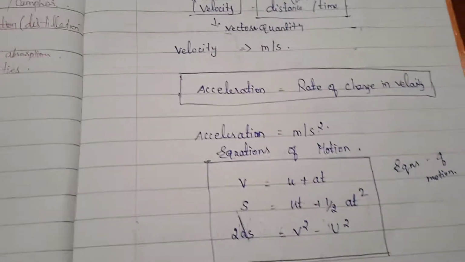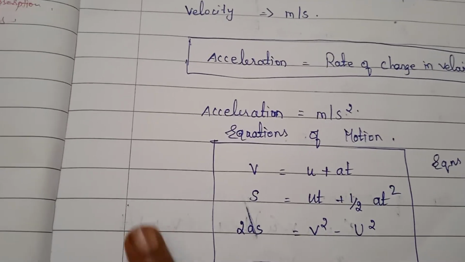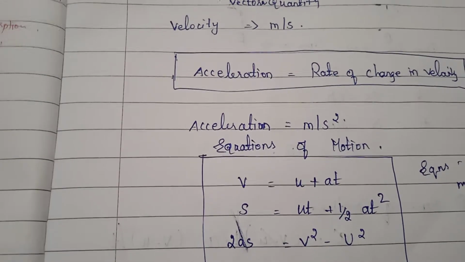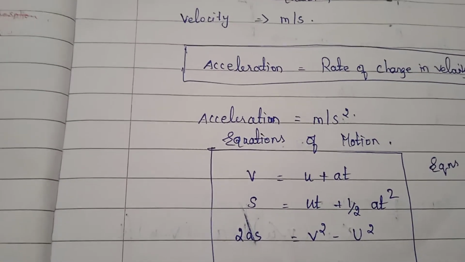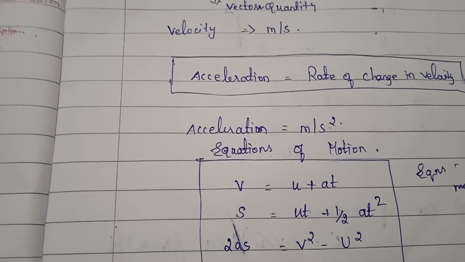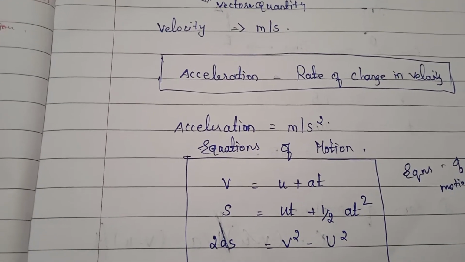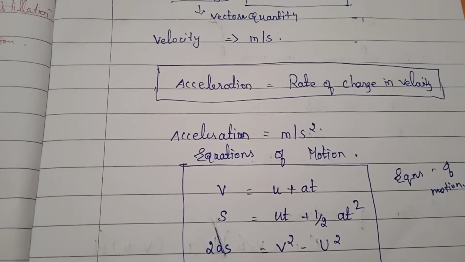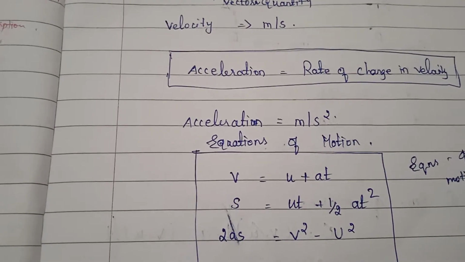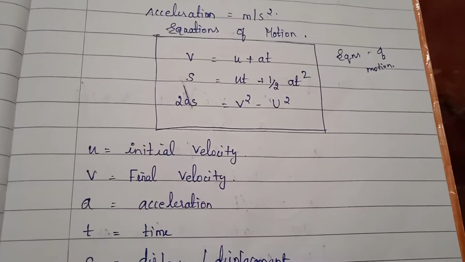So now we are going to derive these three sets of equations, which relate velocity, acceleration, time and distance. Okay, we are going to derive these three equations using a graph.